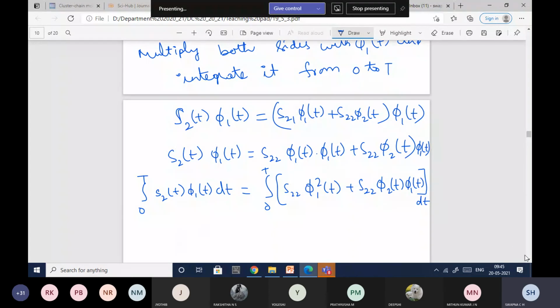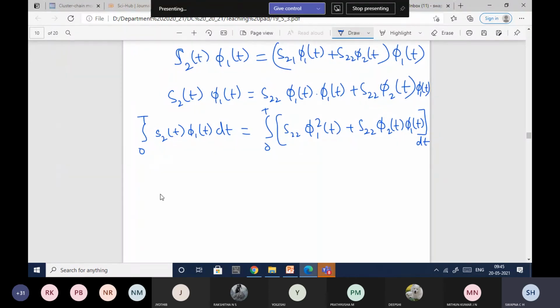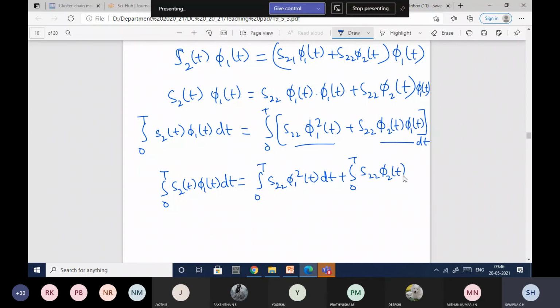Here again I'll write the integration separately for this term and this term: integral 0 to t s22 phi1 square of t dt plus integral 0 to t s22 phi2 of t into phi1 of t dt.